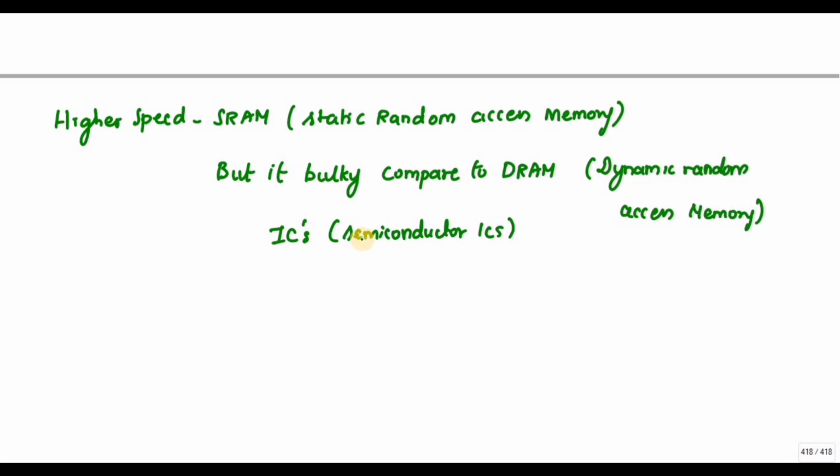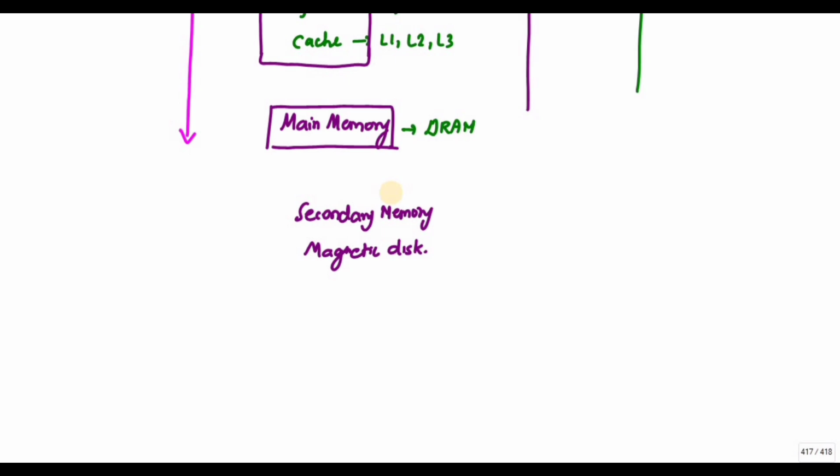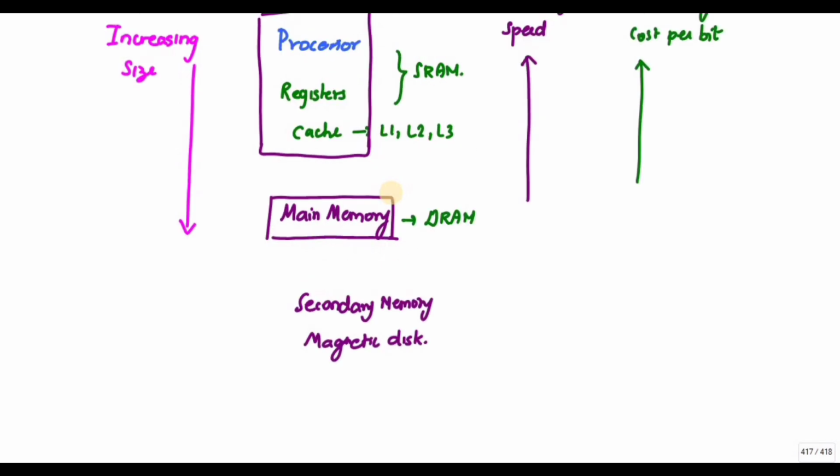So you can see my computer has these three different types of memory unit. One is the processor, the next one is main memory, and the third one is secondary memory. So here the entire computer memory can be viewed as a hierarchy, right?